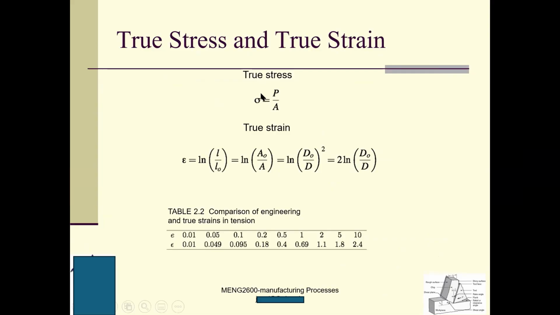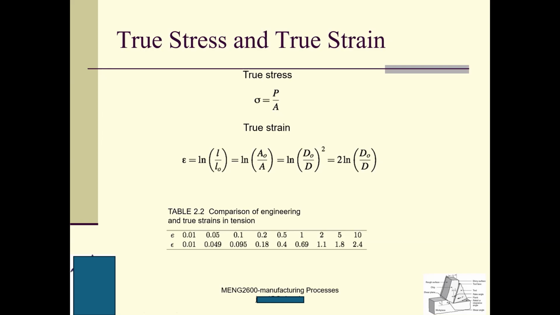True stress is defined this way. Here is the specimen, we have a tensile load P. This A here is the instantaneous cross-sectional area of your specimen. When we pull the specimen and it elongates, the cross-sectional area keeps decreasing.